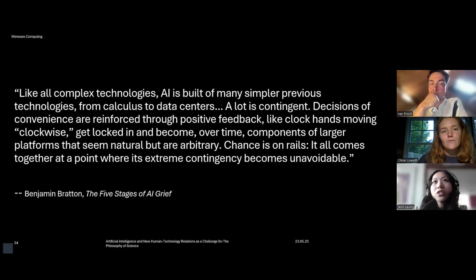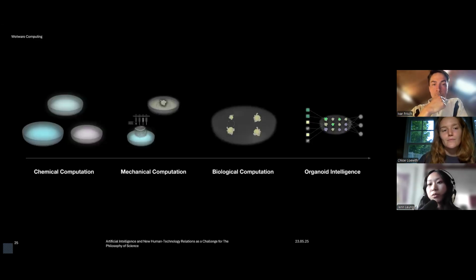And in response to the concept of contingency in the world of wetware computing, we also wanted to see how scales work in relation to wetware computing and how scales scaffold organoid intelligence. So this is a polycomputational framework we've designed for a paper that was published in an MIT digital journal recently.